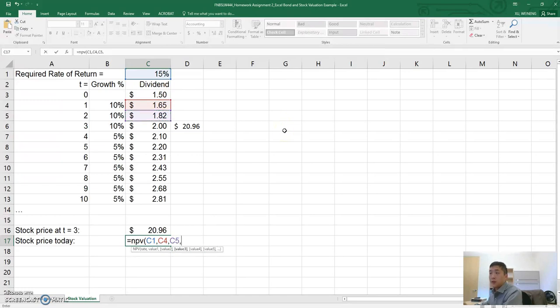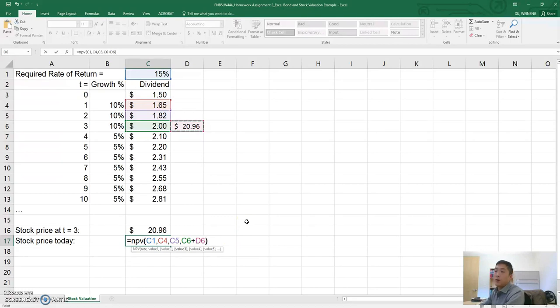Now a little bit tricky is the third cash flow. Okay, now the third cash flow is going to be $2 plus everything that we have computed previously that replaces all the cash flow from year 4 and beyond. Okay, now we have everything ready because that's all the cash flows that we are trying to figure out.